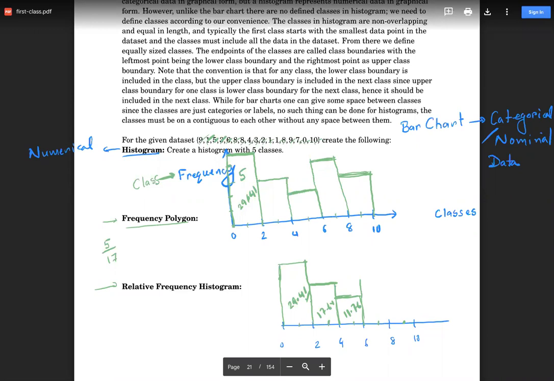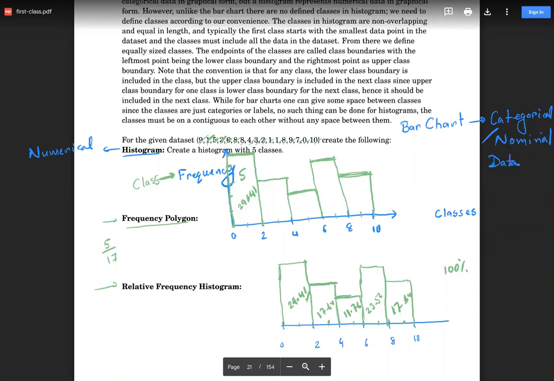I think it was 4. So it's going to be 4 divided by 17, which is 23.52%. And the last one was 3, I think. So it's going to be the same, 17.64%. If you add all these percentages, it should add up to 100%, by the way.